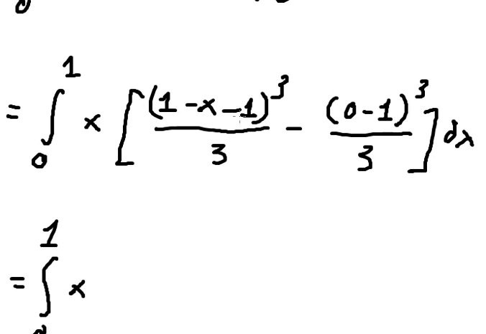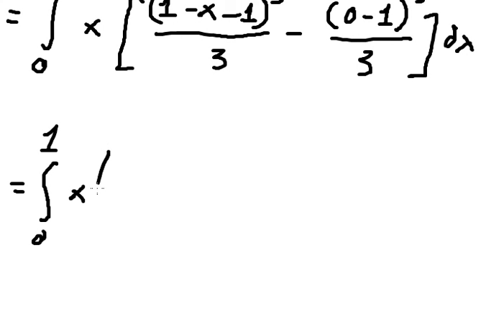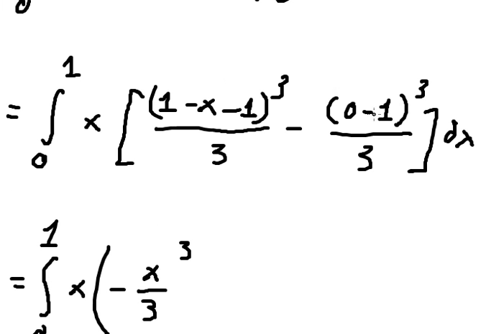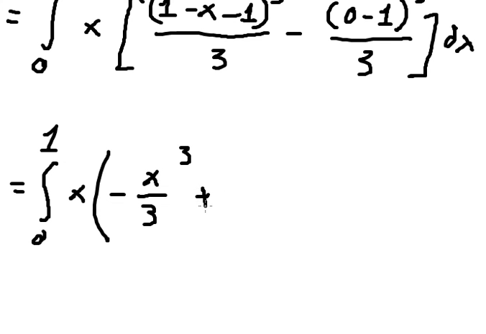So 1 minus 1 we cancel. Negative with the power 3, we have negative s to the power of 3 over 3. Negative and negative, we have positive.